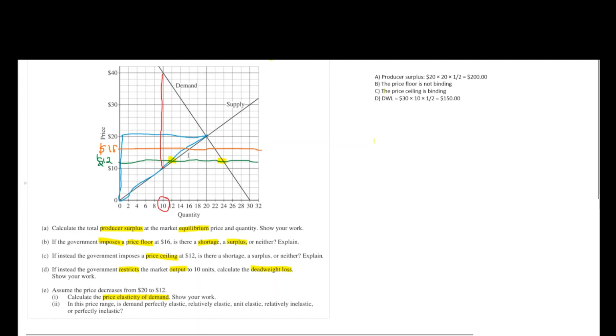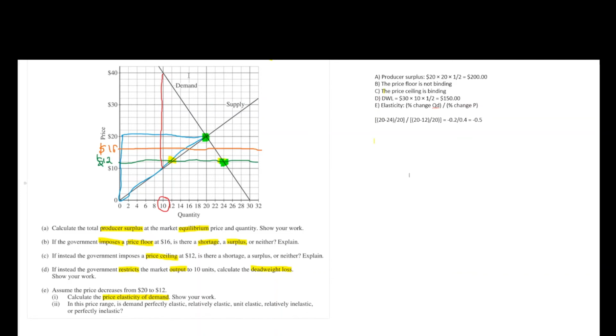And remember what deadweight loss means: it's what we're giving up, what we're losing out on because these trades are not occurring. You might see this in a tax question, or in this case, they've simply given us a limit of 10 units.